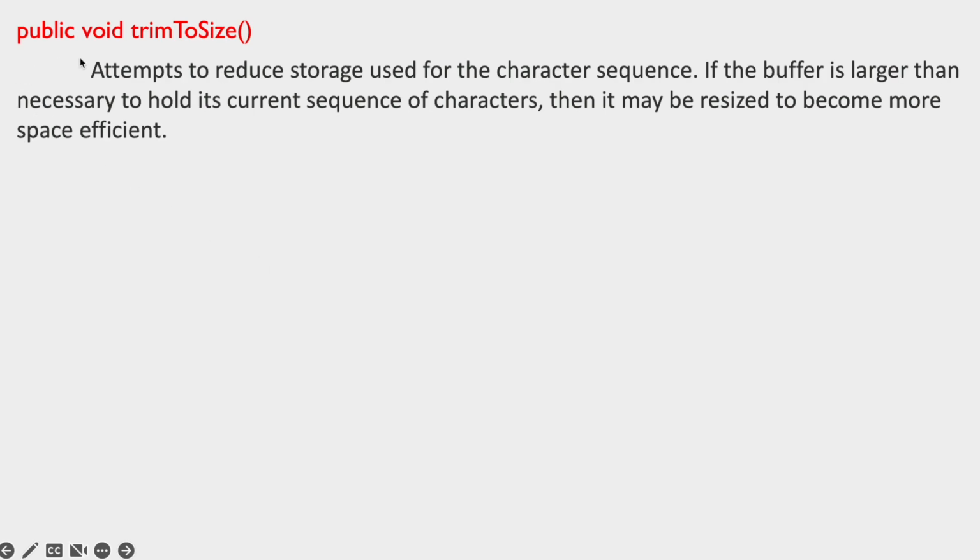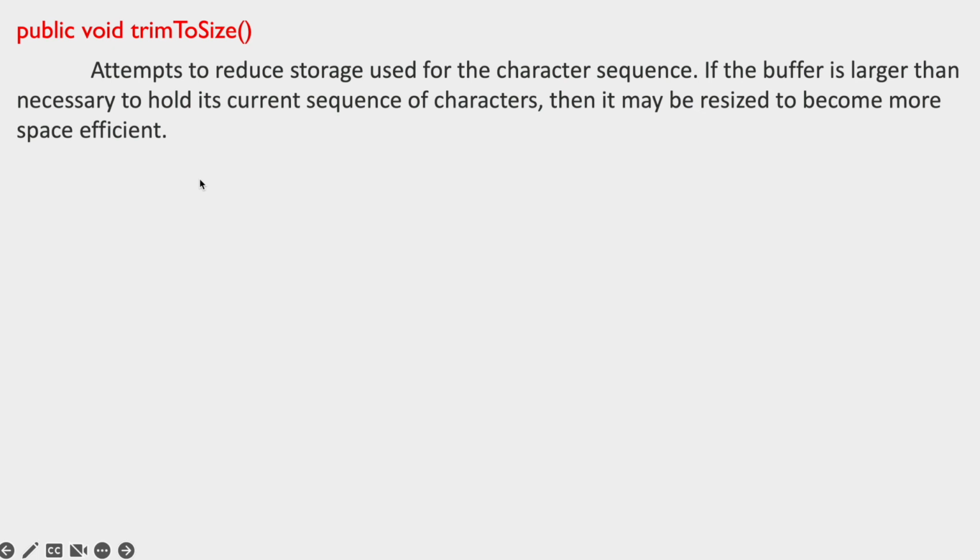The next most important method is the trimToSize method. This trimToSize method is to reduce the storage used for the character sequence. If the buffer is larger than necessary to hold its current sequence of characters, then it may be resized to become more space efficient.